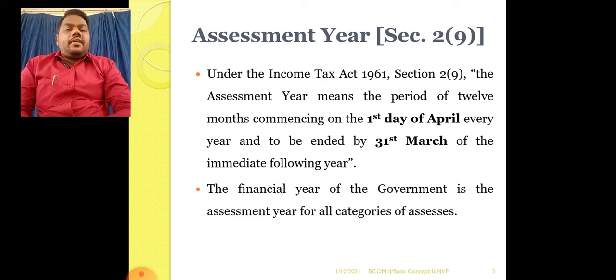The financial year of the government is the assessment year for all categories of assessees. It means whatever financial year the government has described, that is, commencing from 1st April and ending on the 31st March of the next year, is the assessment year for every assessee.